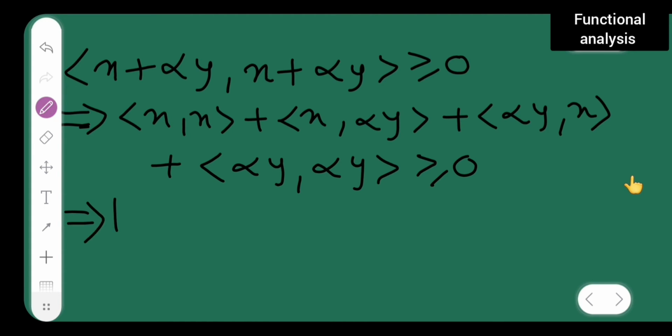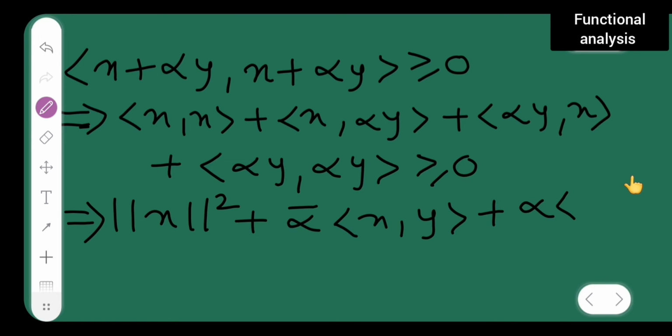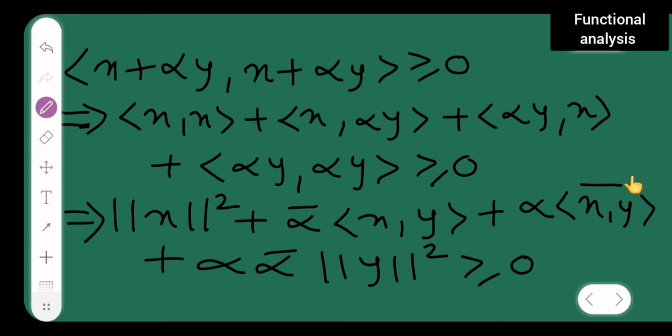This implies norm of x the whole square plus alpha bar inner product x comma y plus alpha inner product y comma x, which is the conjugate of x comma y, then plus alpha into alpha bar, and this is norm of y the whole square, which is greater than or equal to 0.